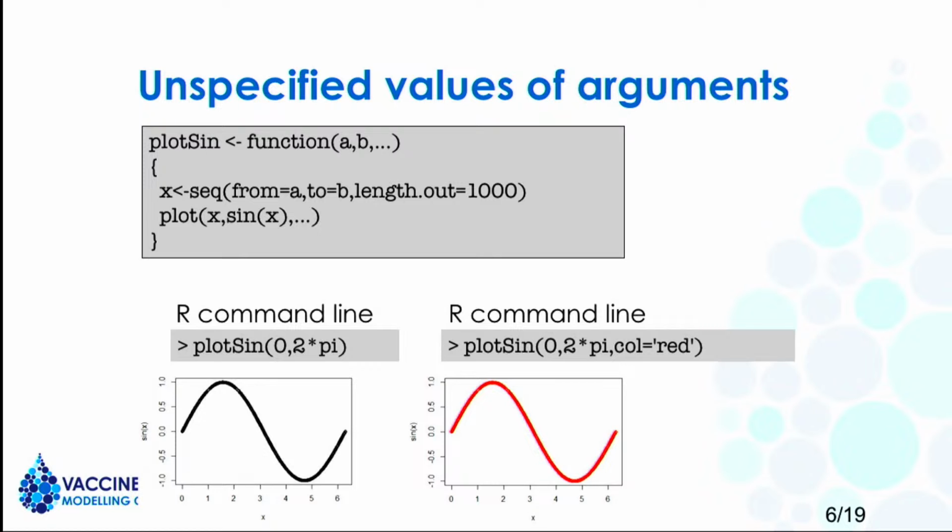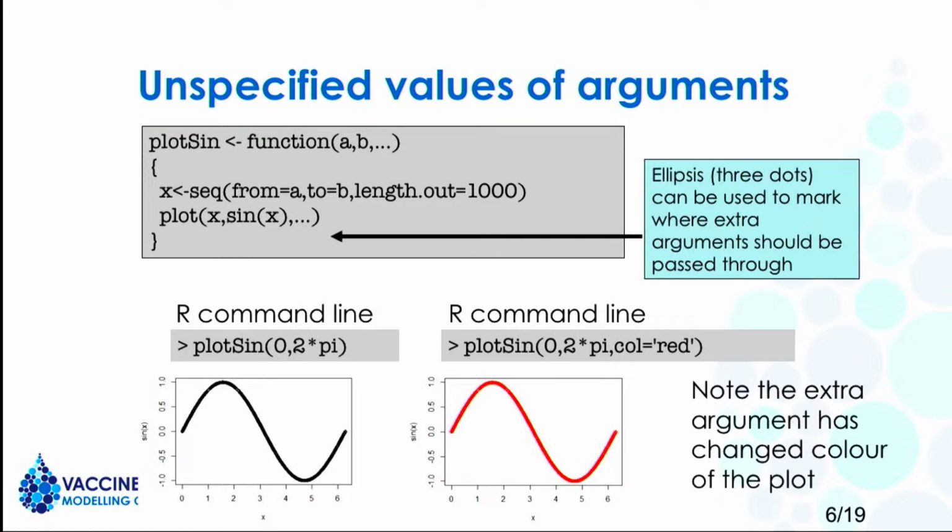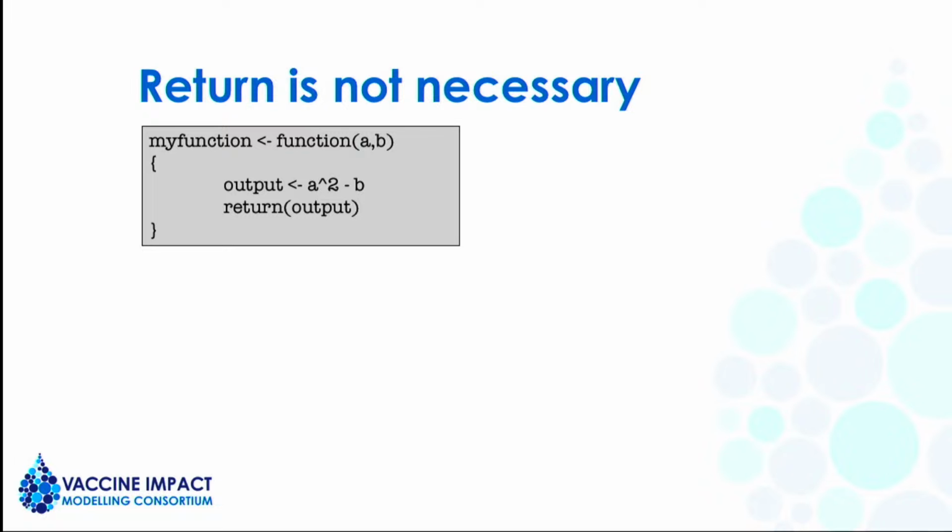If we pass through some extra graphical arguments, and we could pass as many as we want, we can change the elements of the graph. These are just nice features of R which can be useful.